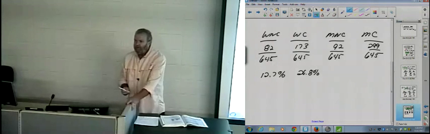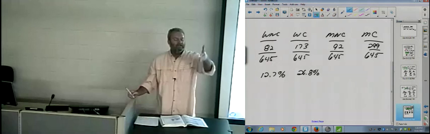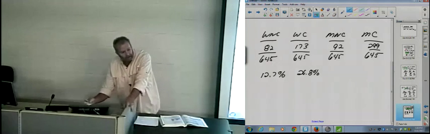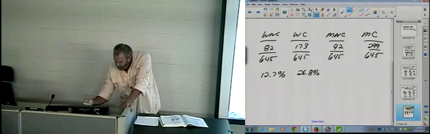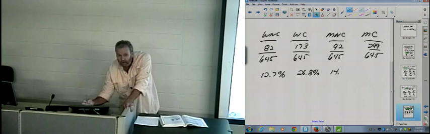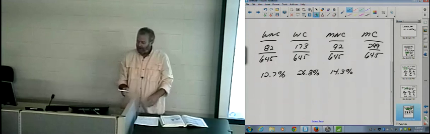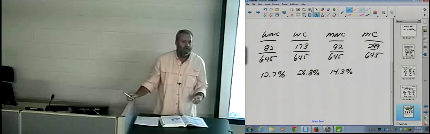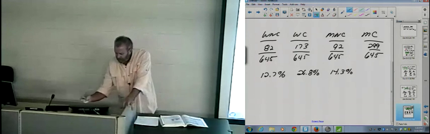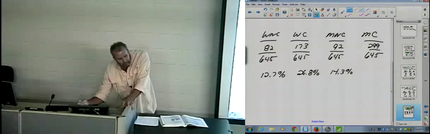The third one, men with no college, and I'm only looking at the ones that said job outside the home. What'd you get there? 14.3. And then just go ahead and do the last one for me, the 299 divided by 645. 46.4%.